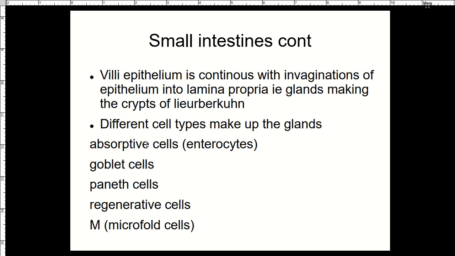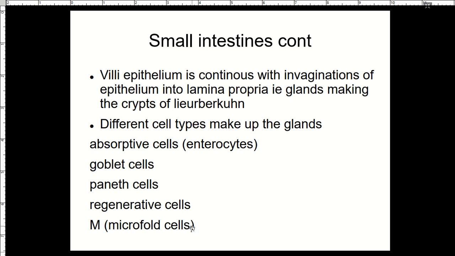The substances include lysozyme, phospholipase A, zymogens, zinc. These are substances produced by the Paneth cells. Take note of this. The apical portion of the Paneth cell is eosinophilic, but the basal portion of the Paneth cell is basophilic.